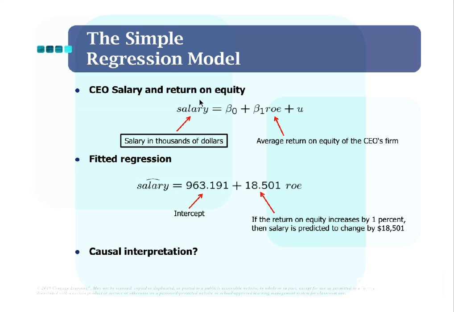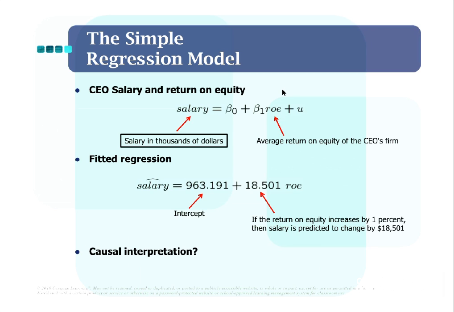The x variable, or the explanatory variable, or the independent variable, is the average return on equity of the CEO's firm in the previous 3 years. Recall that ROE is a very useful ratio from your corporate finance class, return on equity. If the return on equity is higher, it means that the performance of the firm is higher.